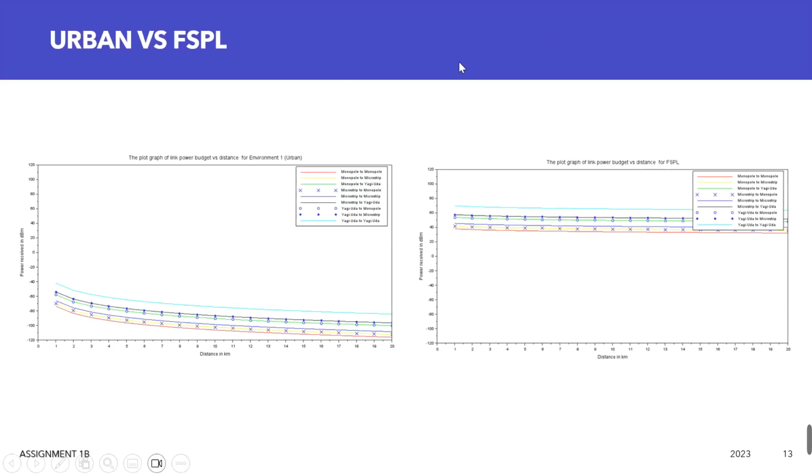This is the comparison between urban and FSPL. As we can see, the urban has a big difference in power received compared to the FSPL. It is because urban has a lot of obstacles and buildings.